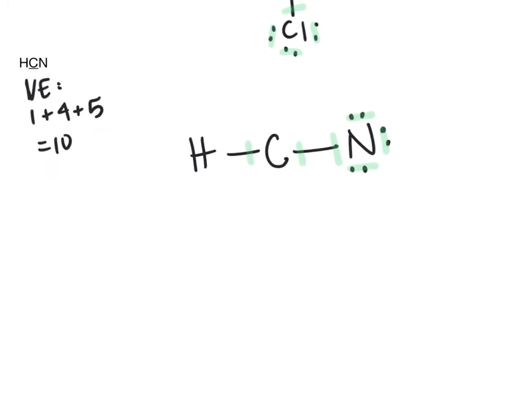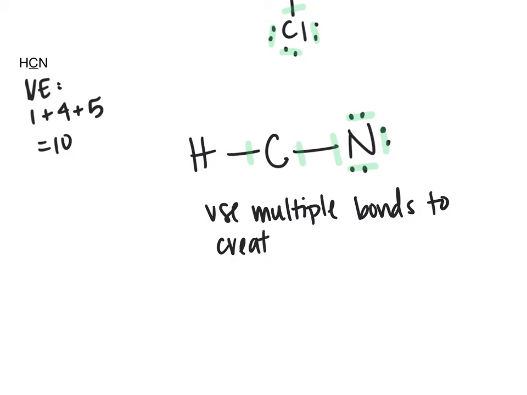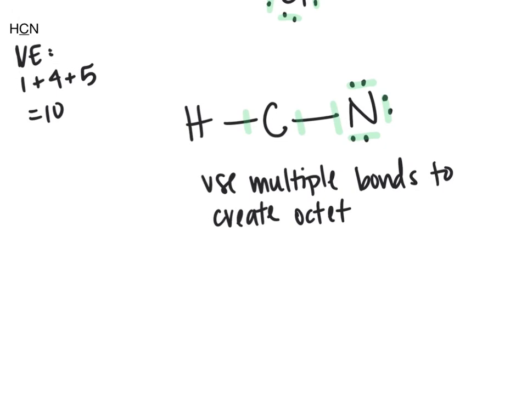We are going to use multiple bonds to achieve an octet. In order for carbon to have an octet, it needs to have 8 electrons. So we're going to have to get carbon and nitrogen to share. We're going to see some of these migrate into the center to where we see something that looks like this.